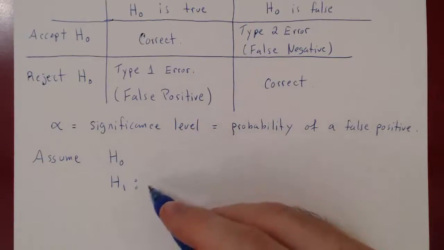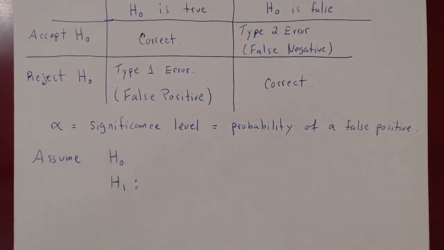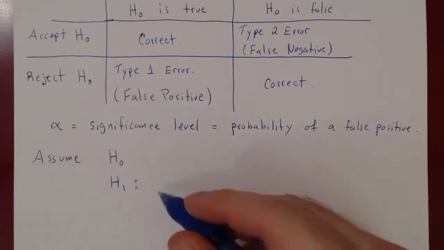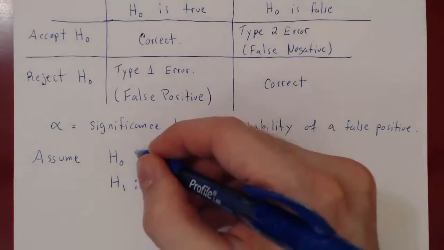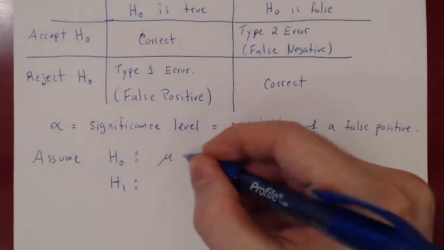And I'll write here what H1 could be for a test about the mean of a population, but it's the same idea if you were testing for the standard deviation or a proportion. So usually in H0, for a mean, you'll say the mean is equal to some value.